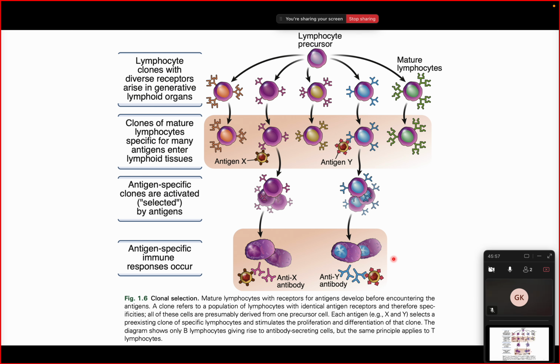That can be understood when we see how the antibody is produced. Because at the end of the day, what is an antibody? An antibody is a protein secreted by the immune cells against a particular antigen which has just entered.